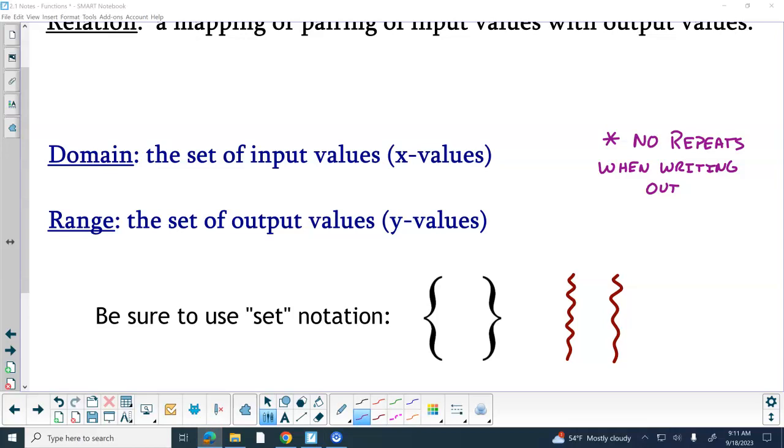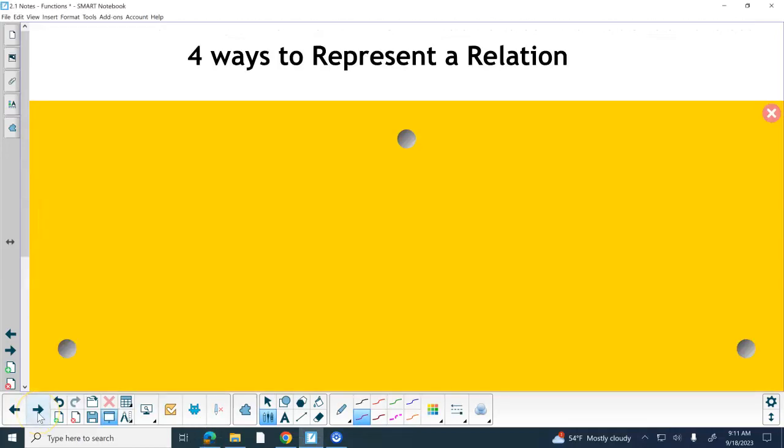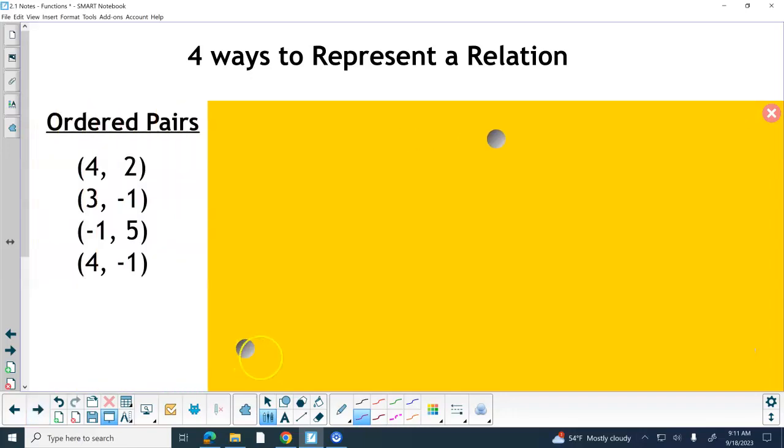Okay? Now, there are 4 different ways that we will have you represent a relation. Okay? So here are the 4 different ways. The first method is you can write it out as a list of ordered pairs, or an equation.